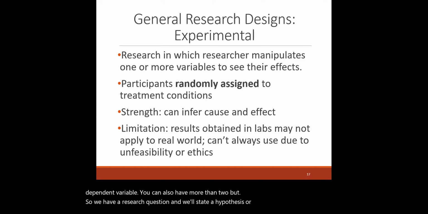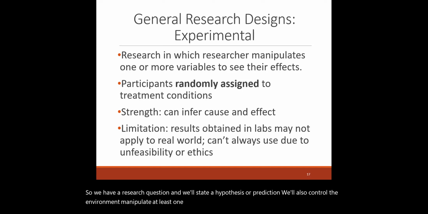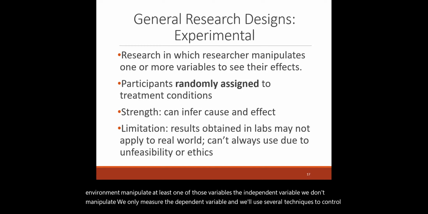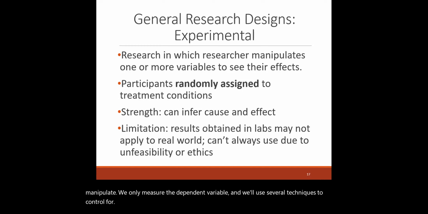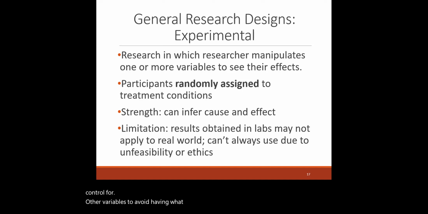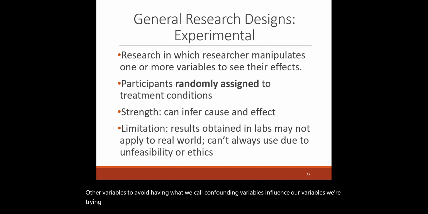We'll also control the environment, manipulate at least one of those variables, the independent variable. We don't manipulate, we only measure the dependent variable. And we'll use several techniques to control for other variables to avoid having what we call confounding variables influence the variables we're trying to measure.